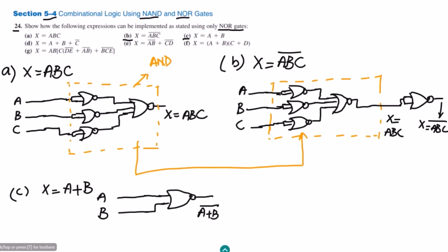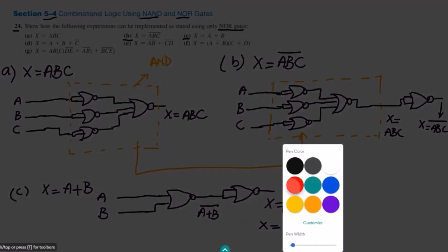So what we have to do is remove this whole complement. Therefore I am going to deploy another NOR gate. The two inputs of this NOR gate are connected, so it will serve as an inverter. When this input is given to it, the complement will cancel out the whole complement, and therefore at the output I will get A plus B.